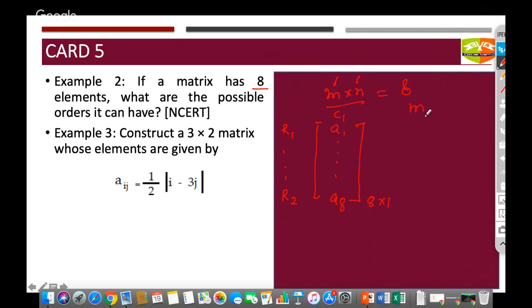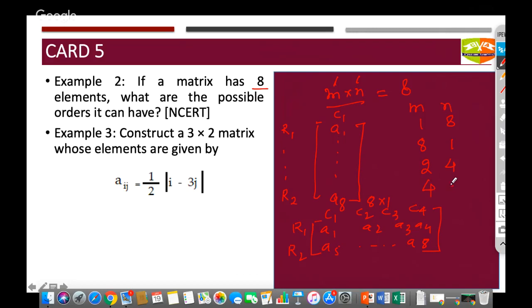So I've taken 1, 8 and 8, 1. Now you can take 2 and 4. I'm making 2 rows and 4 columns, c1, c2, c3, c4, and I'm writing a1, a2, a3, a4, and similarly a5 to a8.